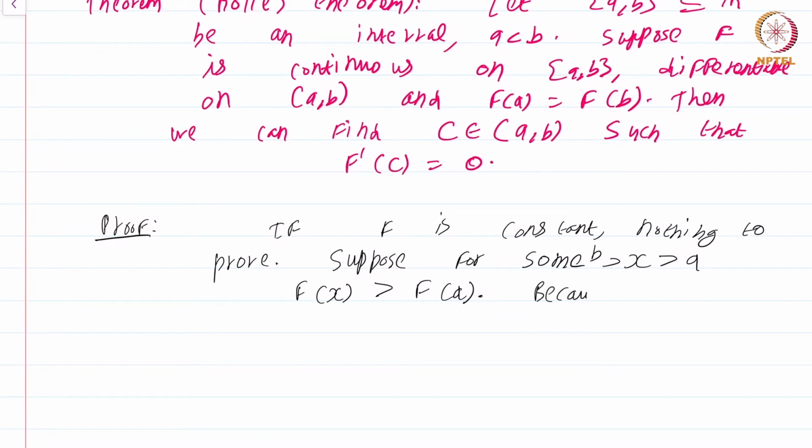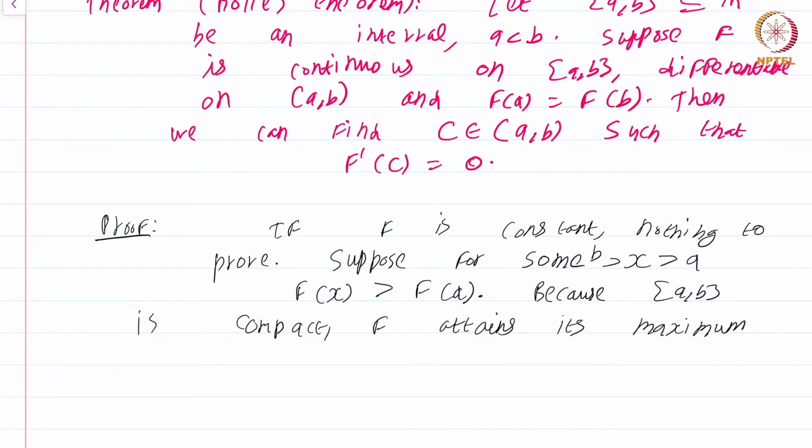Because [a, b] is compact, f attains its maximum at some point c in the closed interval [a, b]. But the values at the endpoints are equal, and we already know that f of x is greater than f of a somewhere in the interior.